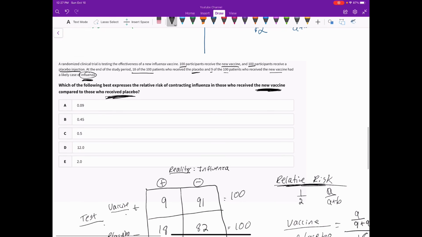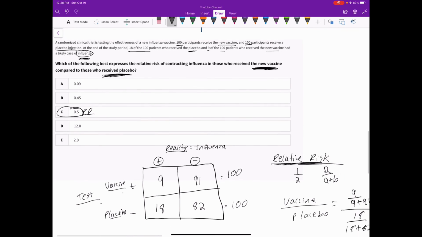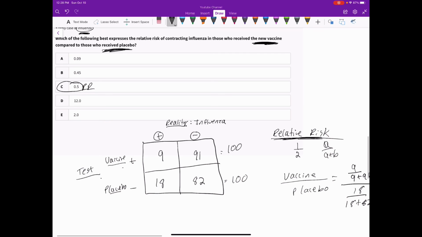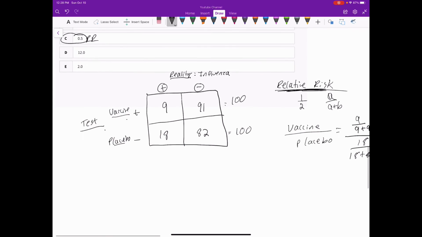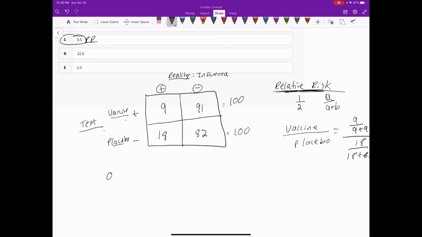So let's go back to the question. Which of the following is our relative risk? Well, relative risk is going to be 0.5. Now I also just wanted to do odds ratio. So if we're doing odds ratio, what are we going to do? Well, odds ratio was one number over another number.